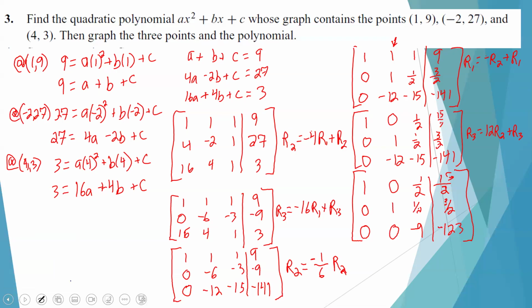You should have that A is equal to 2/3. Should get B is equal to, remember, you have to show your work, so I don't mind giving you these, negative 16 thirds, and C should equal 41 thirds.